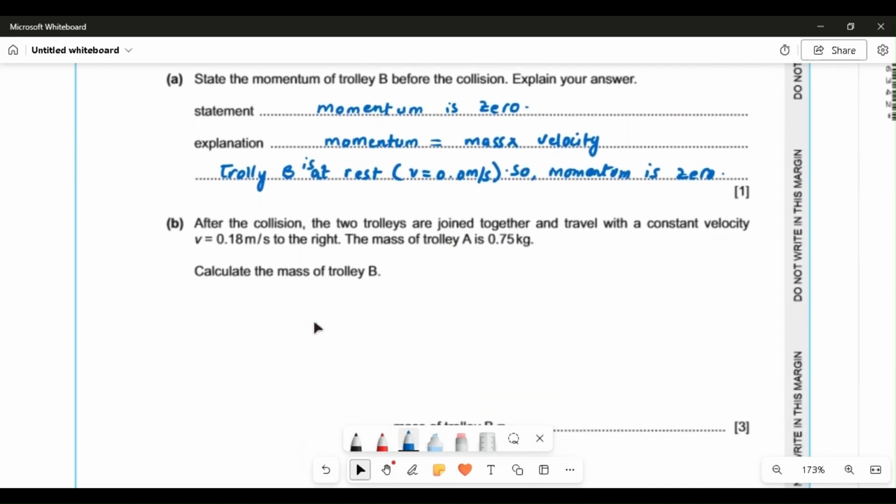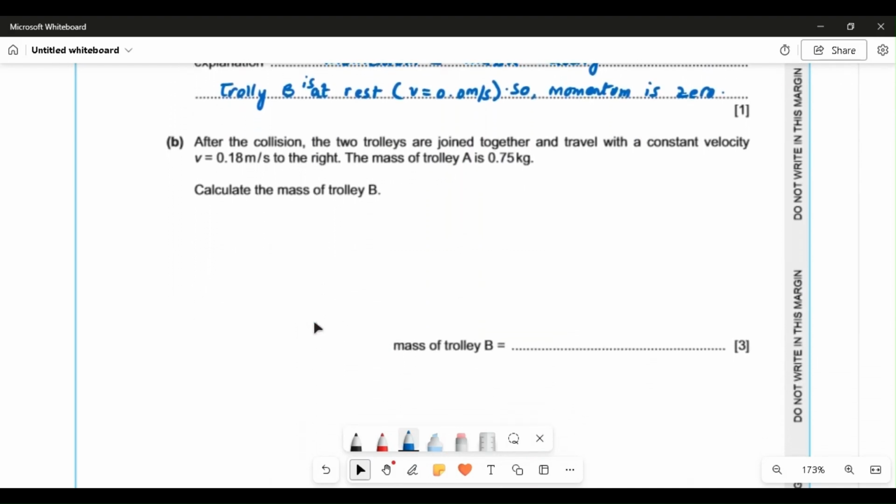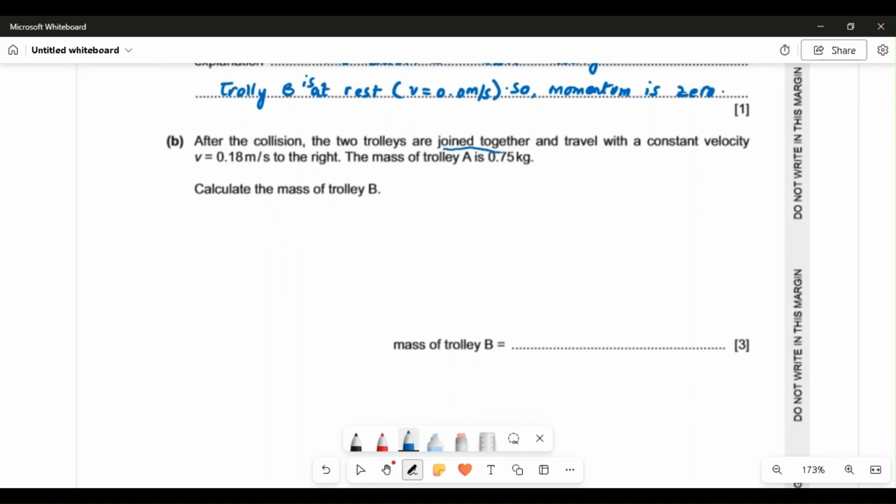The next part says that after the collision, the two trolleys are joined together. If this is the first trolley, it is coming towards the second, and the second trolley and first trolley are joined together. They are pushing each other and moving together.